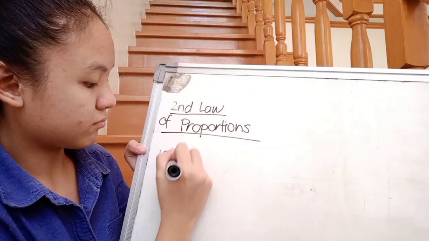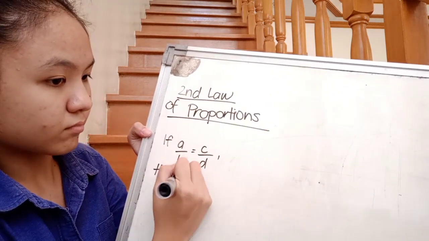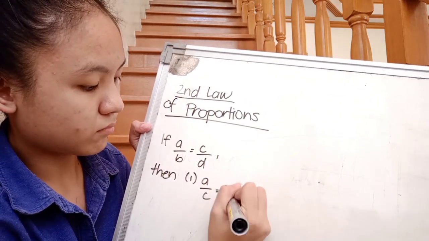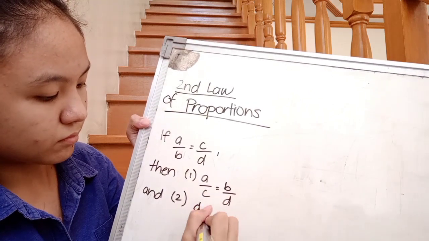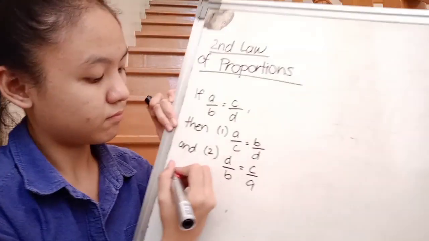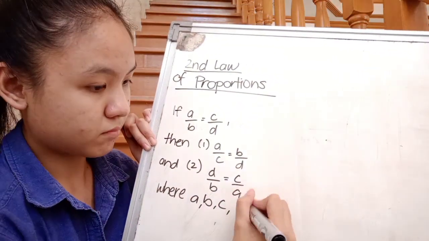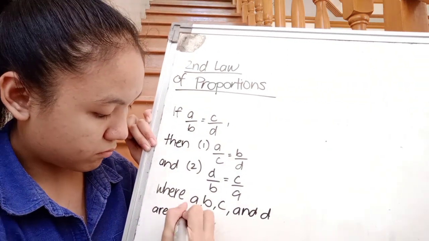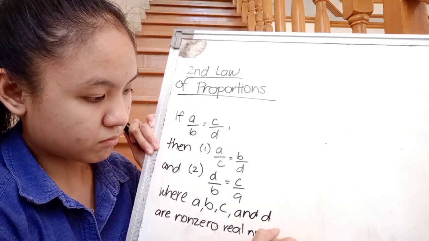Our second law says that if A over B is equal to C over D, then number 1, A over C is equal to B over D, and number 2, D over B is equal to C over A, where A, B, C, and D are non-zero real numbers.